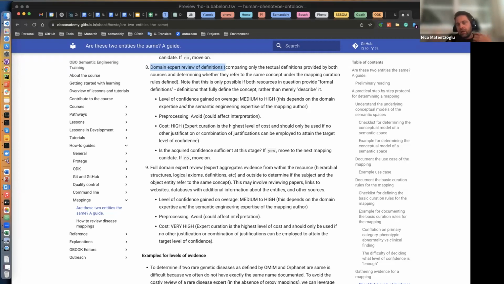And if you need to resort to full domain expert review for your mappings, then it is a very good idea to send the people doing those mappings to a proper semantic mapping course, where they learn exactly how to perform this mapping review before they can accept a mapping in.